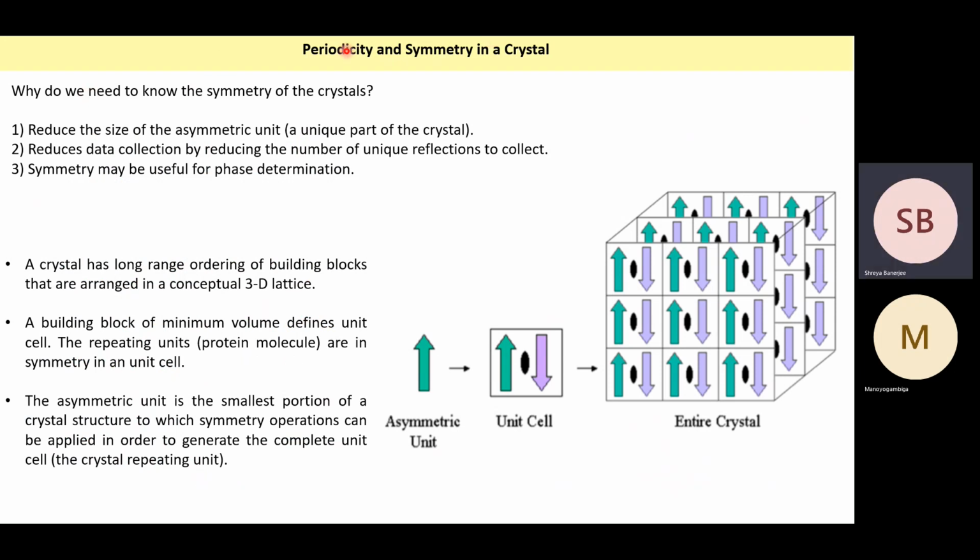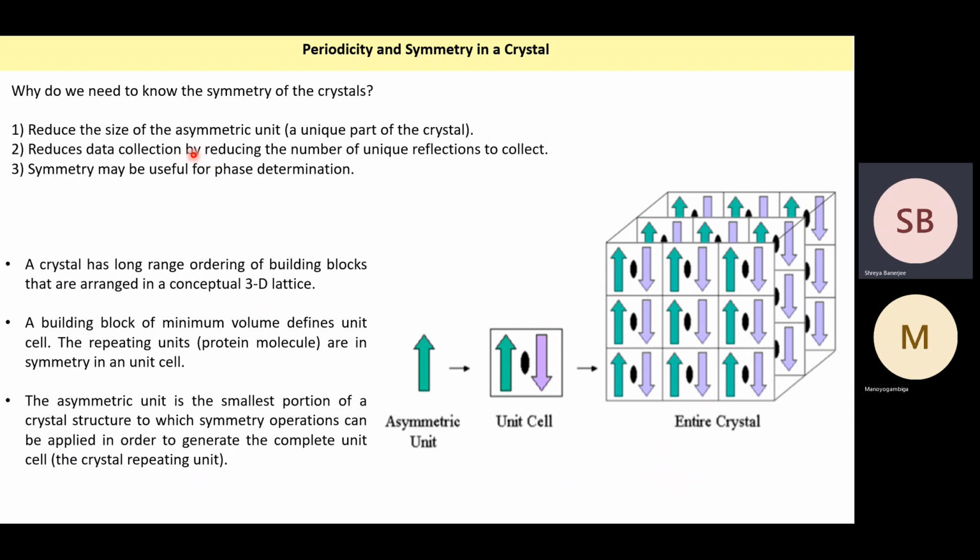Next, we will talk about periodicity and symmetry in a crystal. So why do we need to know the symmetry of the crystal? Firstly, if you know the symmetry of the crystal, we can just study a unit cell. So instead of studying the whole crystal, if you identify that region of the crystal that is repeating, called the unit cell, you can just study that.